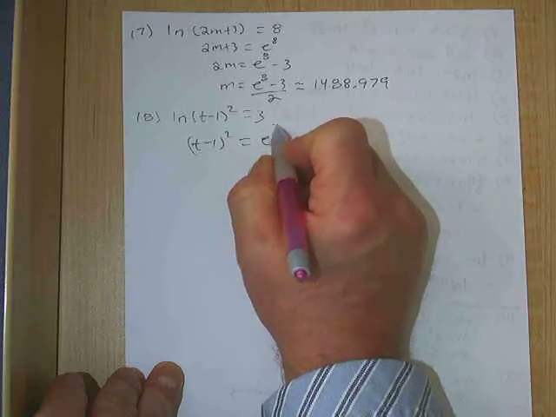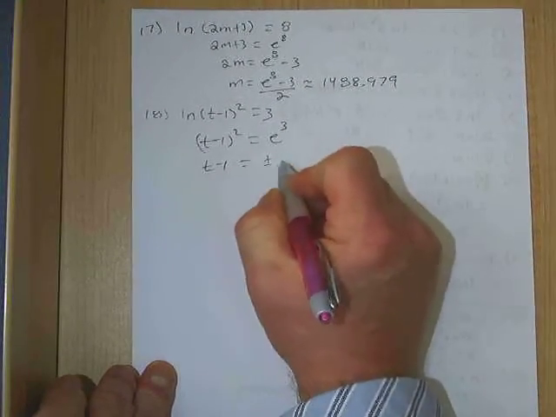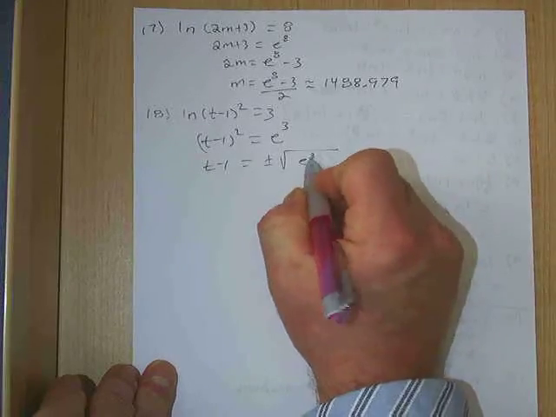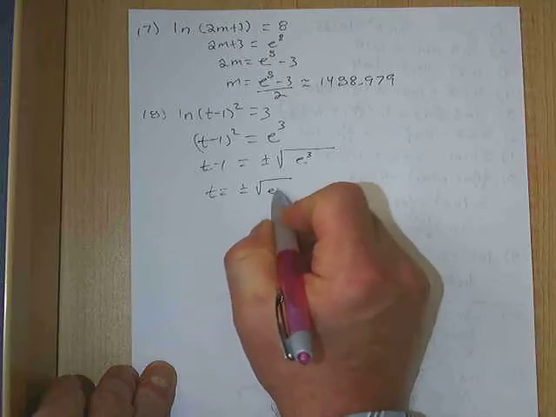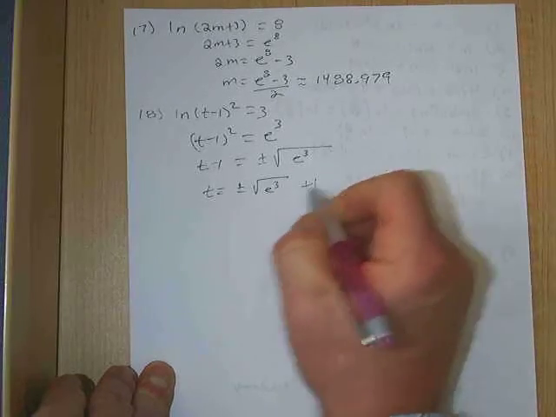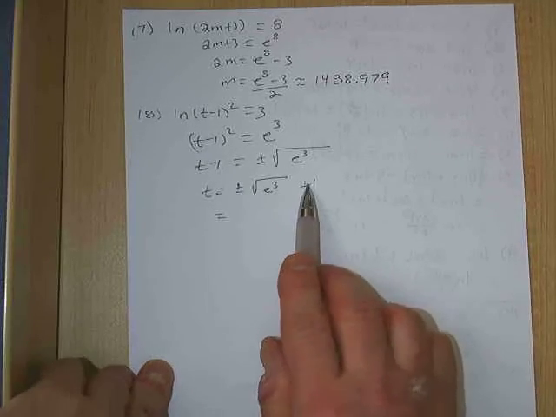Because what I'll say now is that t minus 1 squared equals e cubed. T minus 1 equals plus or minus the square root of e cubed. T equals plus or minus the square root of e cubed plus 1.